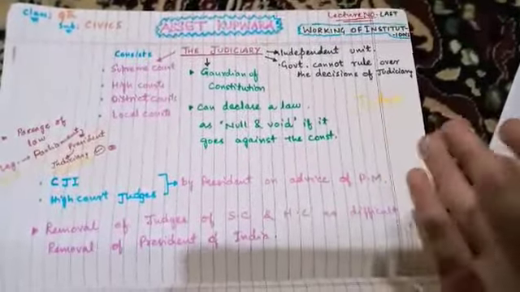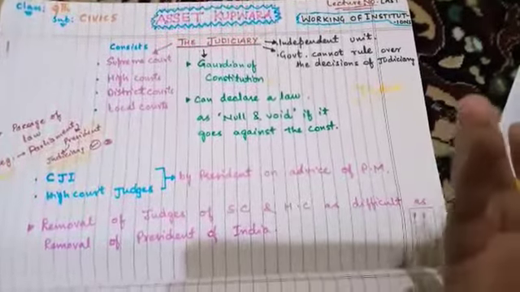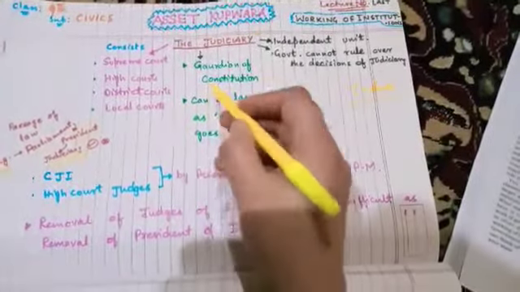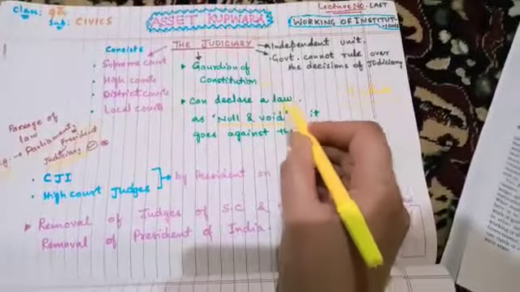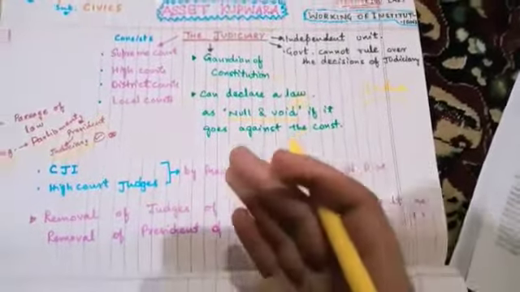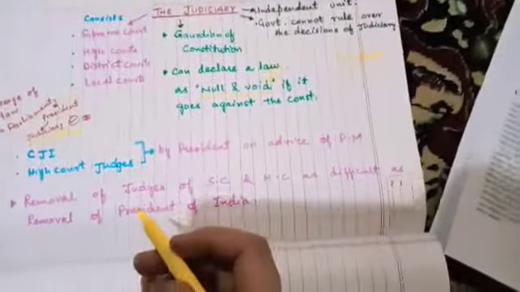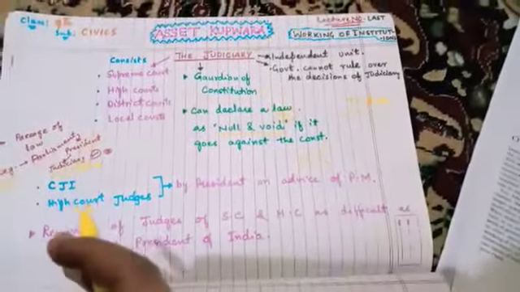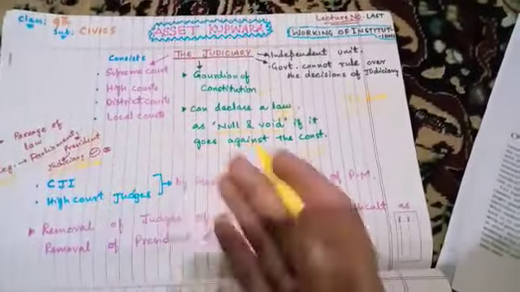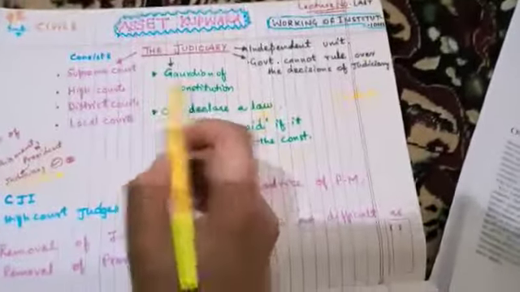If that bill, or any decision of the government, goes against the constitution, it can declare that bill null and void, meaning it is rejected and cannot be executed by the executive. It has power over all the other organs of the government. So this was the function of the judiciary.